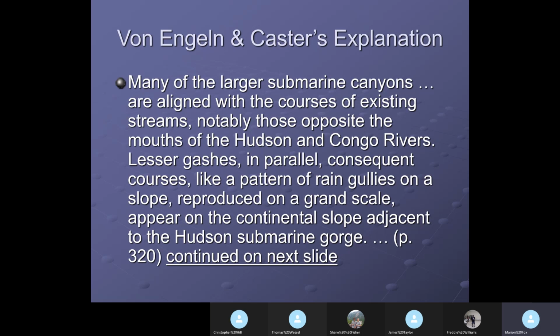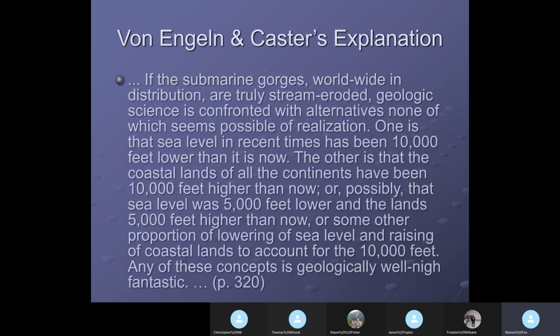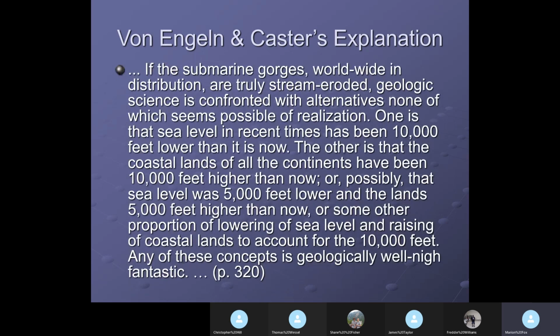But there are other places where they have lesser gashes in parallel consequent courses, like a pattern of rain gullies on a slope reproduced on a grand scale, appearing on the continental slope adjacent to the Hudson Submarine Gorge. Now he's looking at the Hudson Submarine Canyon. These submarine canyons have just been discovered in the last 50 or 100 years. They've been around, but they weren't known.